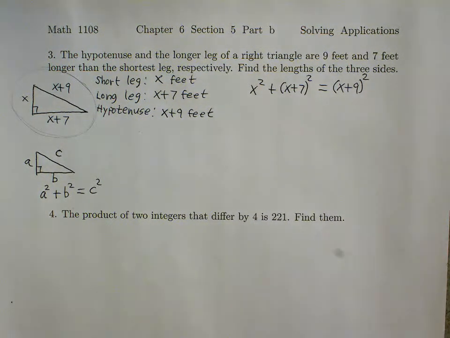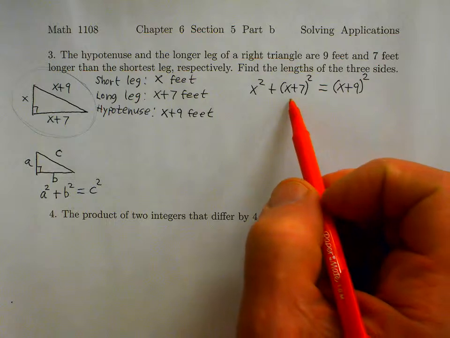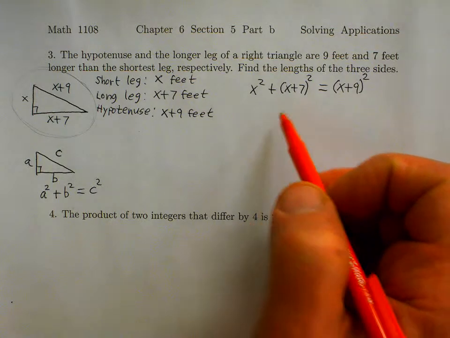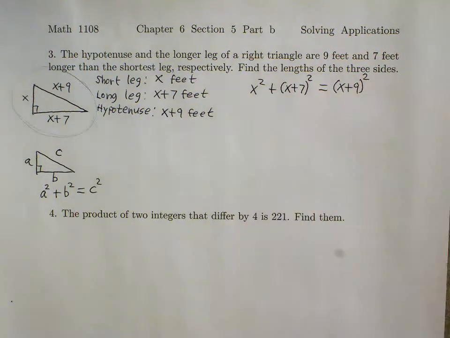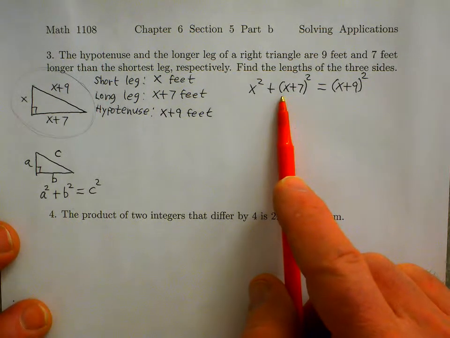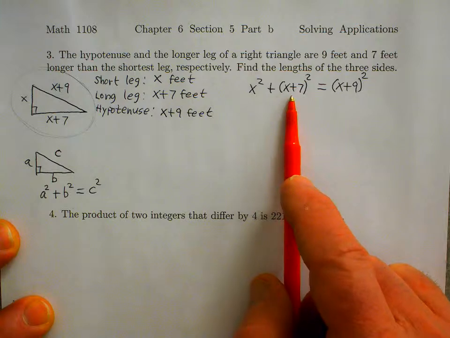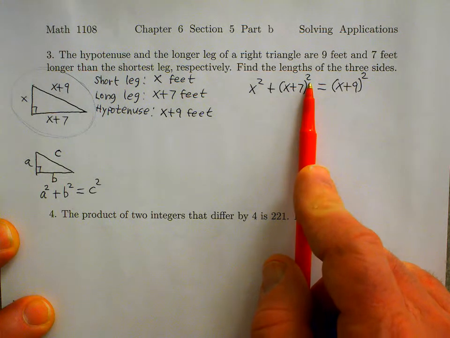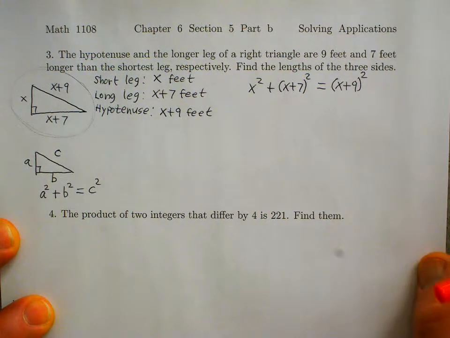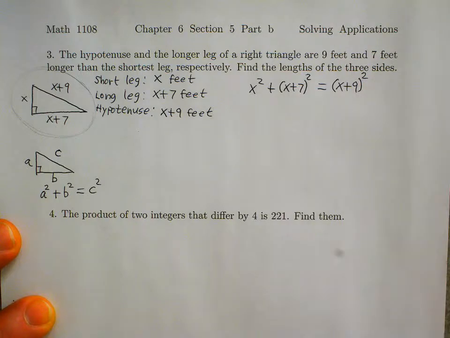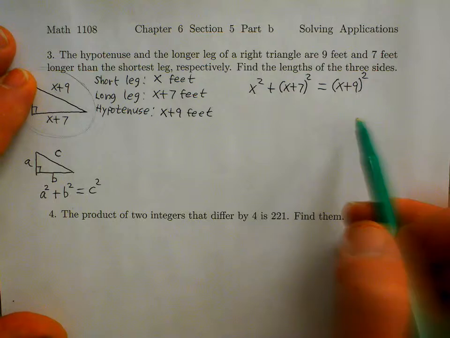Make sure you remember what it means to square something, or to raise something to the second power. There are common mistakes made when raising a binomial to the second power, so you'll want to make sure that you don't make that mistake.